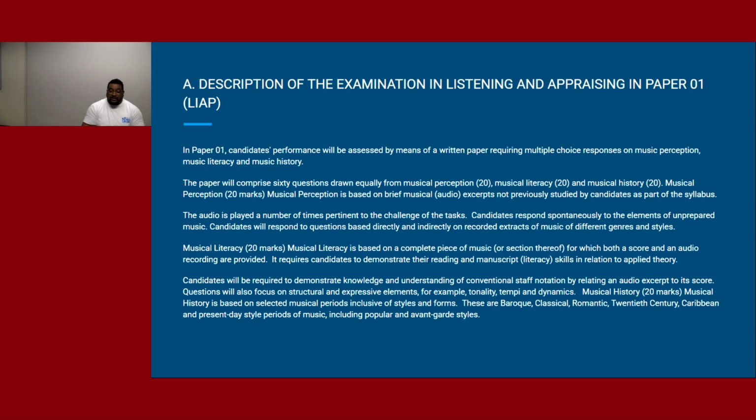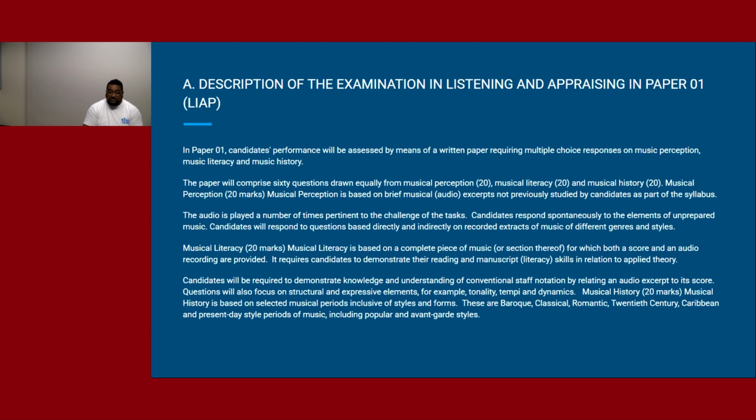You will be required to demonstrate knowledge and understanding of conventional notation by relating an audio excerpt to the score. Questions will also focus on structural and expressive elements, for example, tonality, tempi, and dynamics.